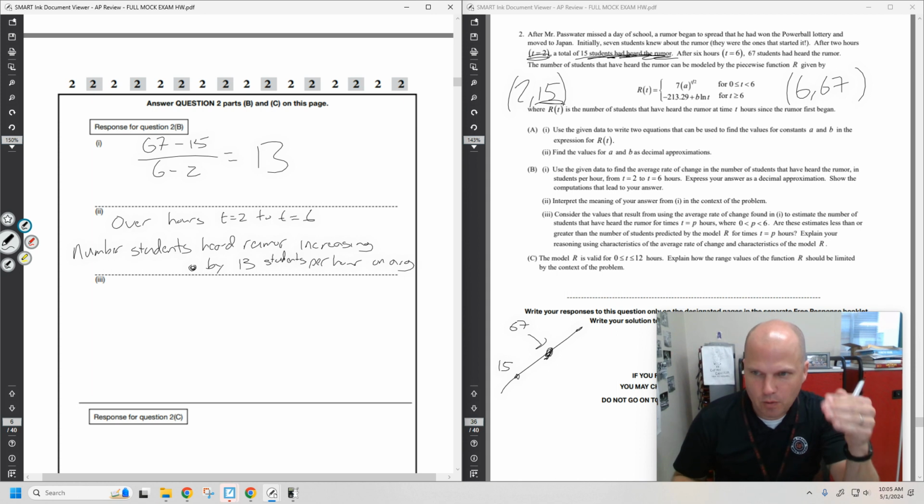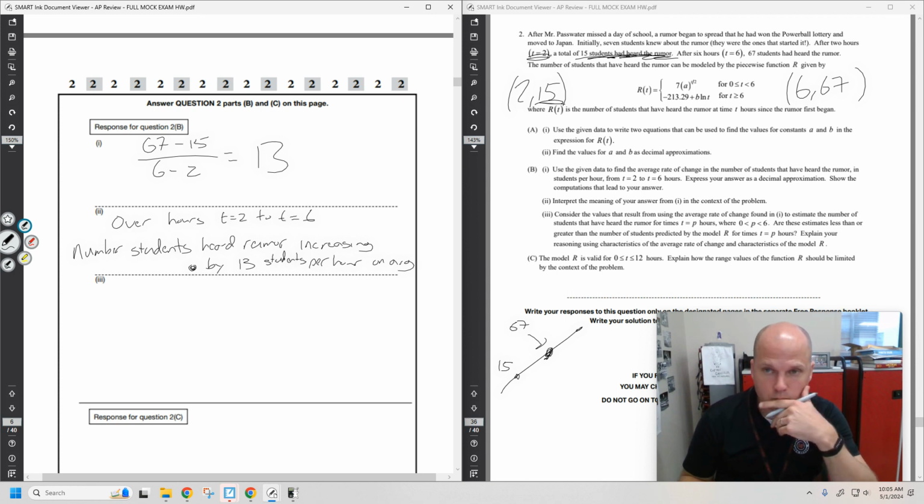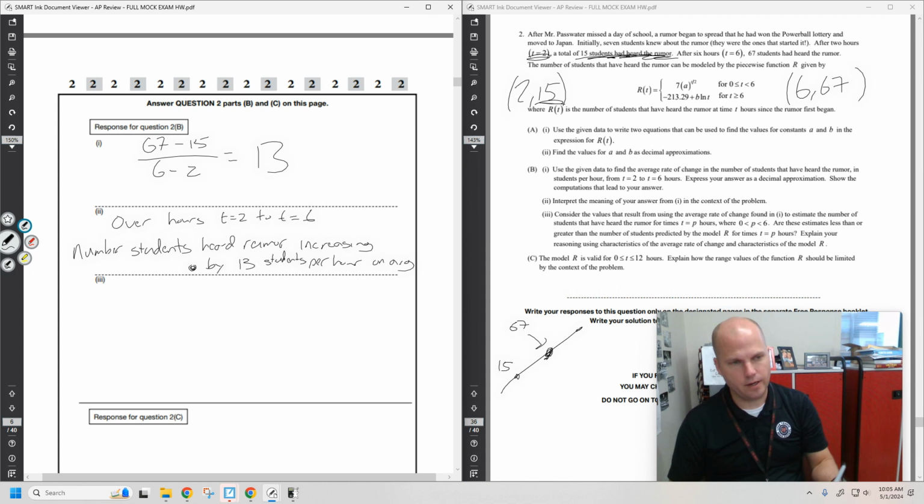Are the estimates from this line less than or greater than the number of students predicted by the model? Between 0 and 6. Okay, great. It's not after 6 because that's tricky. That's good.